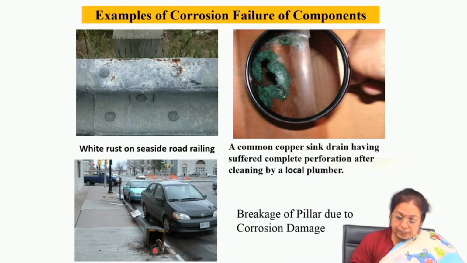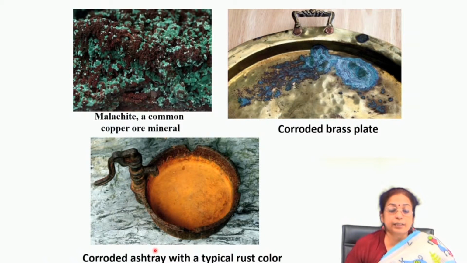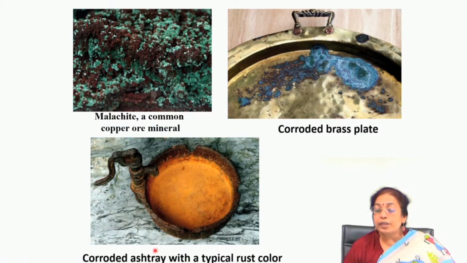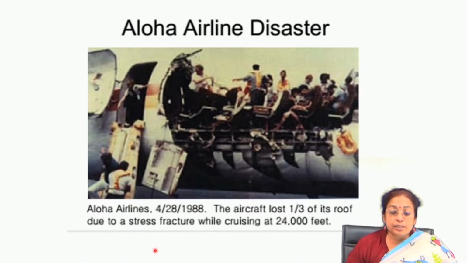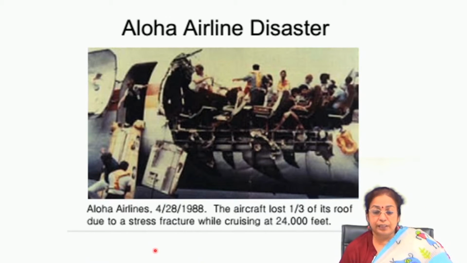Like that there are several other cases of corrosion, like the common copper ore mineral malachite formation, a greenish structure because of the corrosion attack, then a corroded brass plate because of selective leaching, and then a corroded ashtray with typical rust color, made of cast iron. Similarly, this corrosion damage can be so severe that this is the case of fatigue corrosion, which caused the devastation of an alloy airline structure.